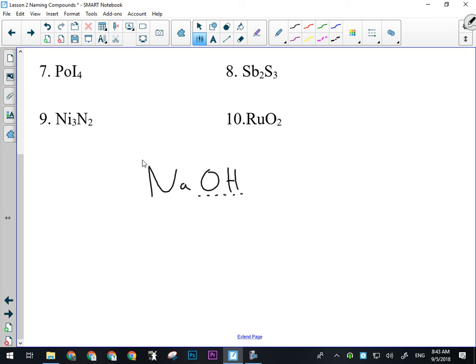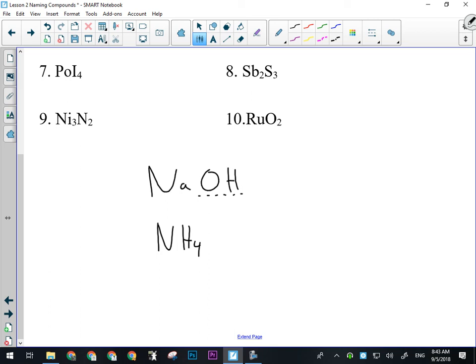The one exception is if you have this polyatomic ion to start the compound. This is ammonium. It is the only positively charged polyatomic ion on your chart that you will deal with. So since it's positive, it behaves like a metal. Even though it starts with nitrogen, it's actually metallic or behaves in a metallic way.